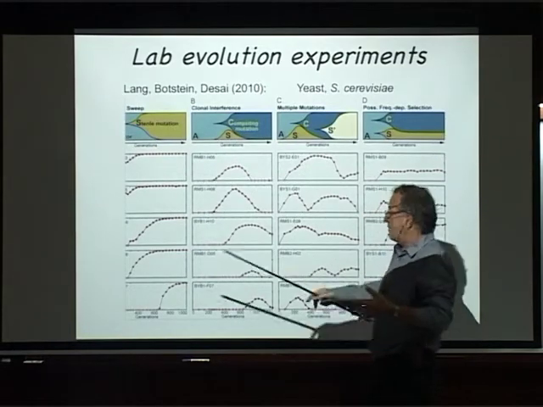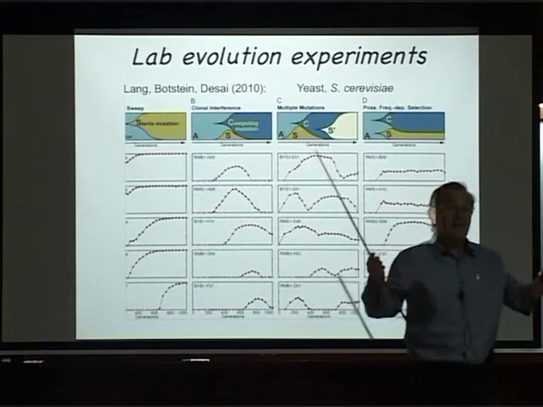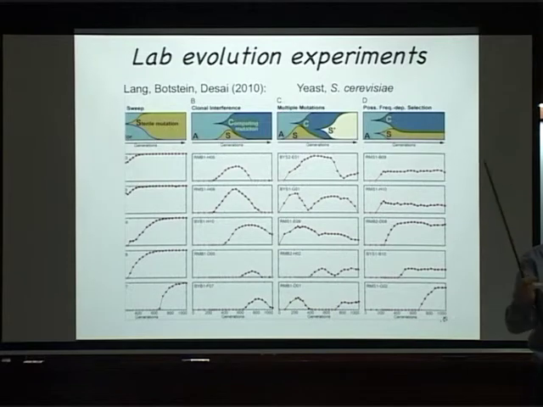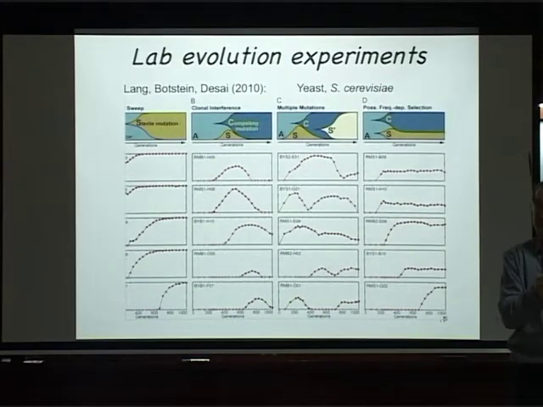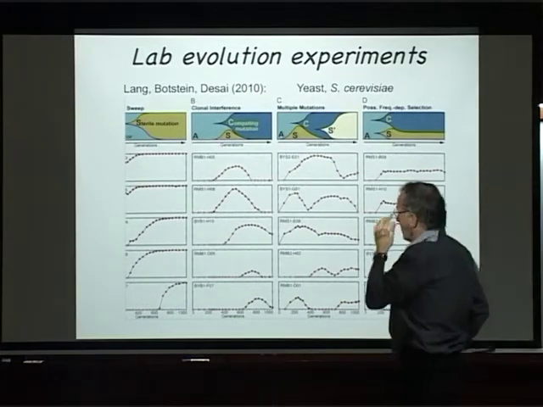And so you collect enough of this data, and you can start reconstructing the probability distribution of mutations with this or that fitness advantage. So that's a very interesting experiment.